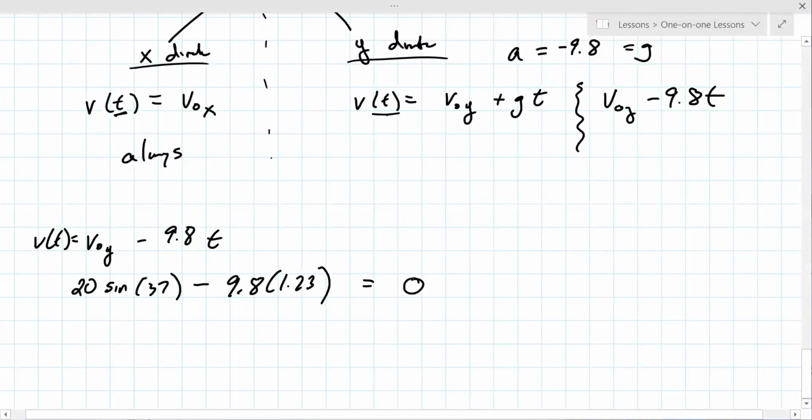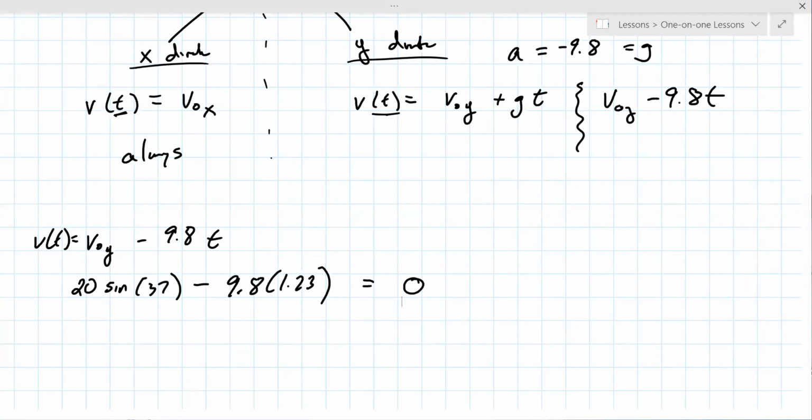I get negative 0.01. So basically 0. Pretty much, yeah.